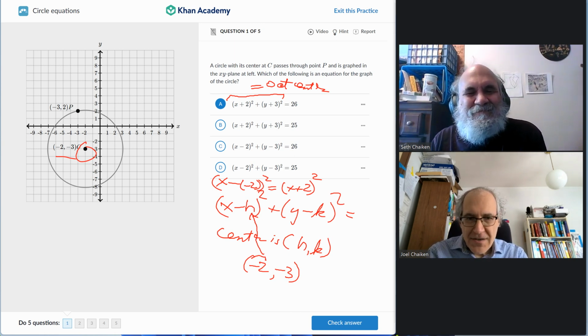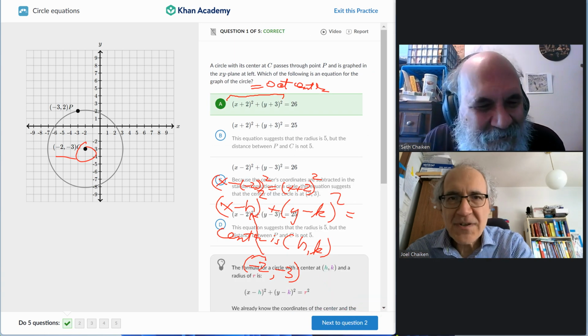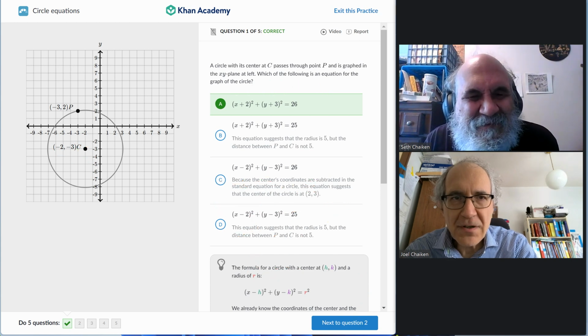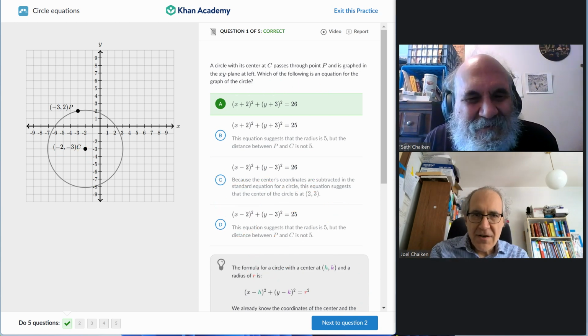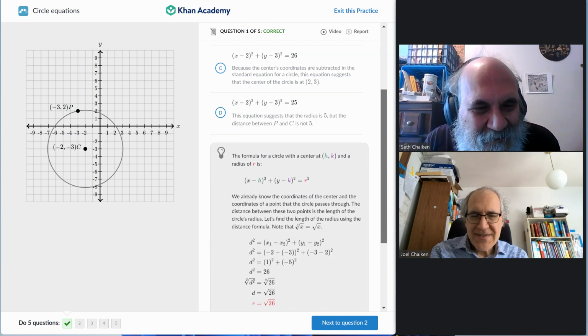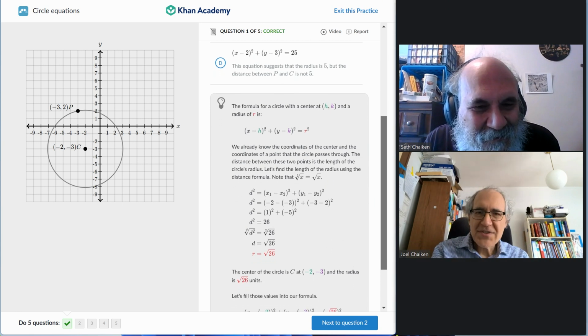Okay, check answer. Boom. Let's look at how they explain it. First, we got it right. That's good. The formula for the circle with center HK. Notice they make the H and the K colorful, which is nice.